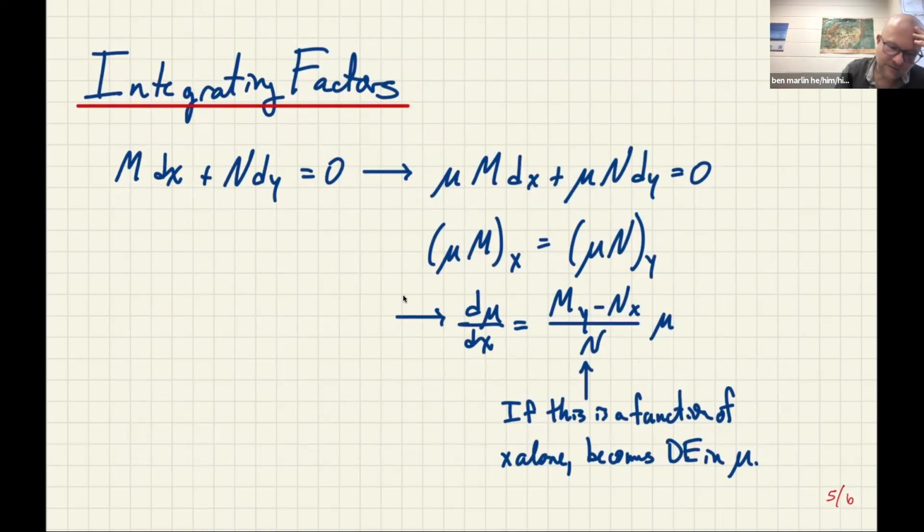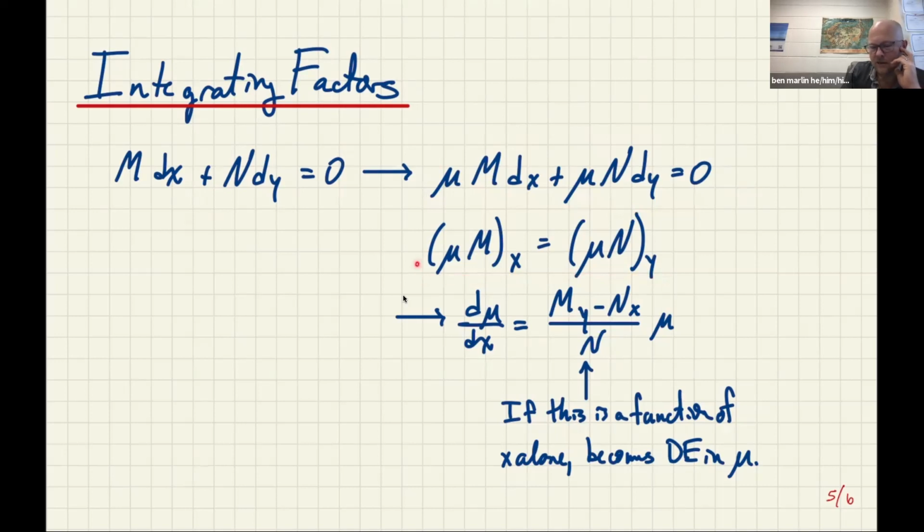So if you've got an equation in this sort of form of an exact equation, and if it turns out that it's not exact, but that you can multiply by something to make it exact, then that means that you need to have these partial derivatives turn out to be equal.